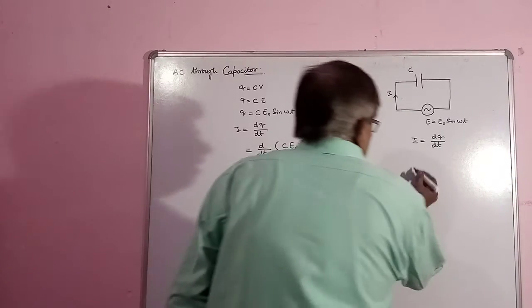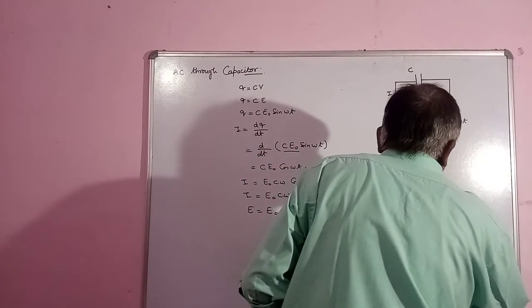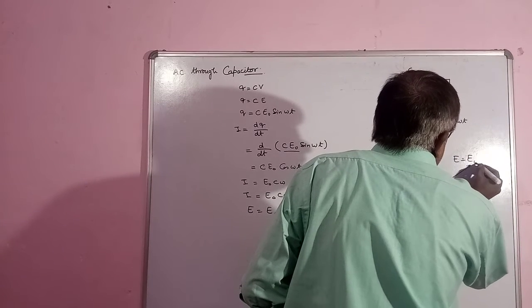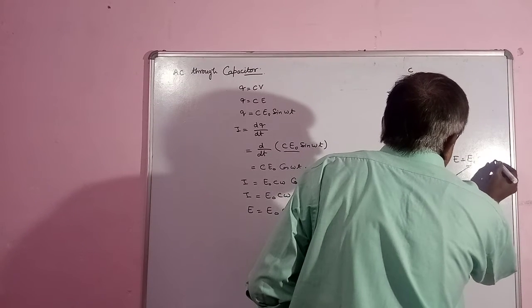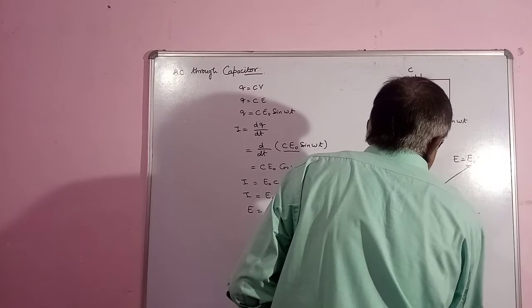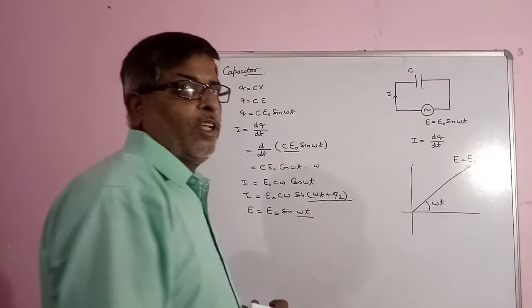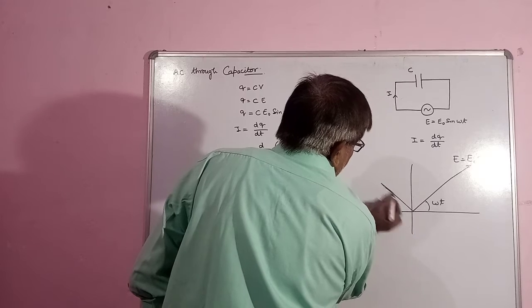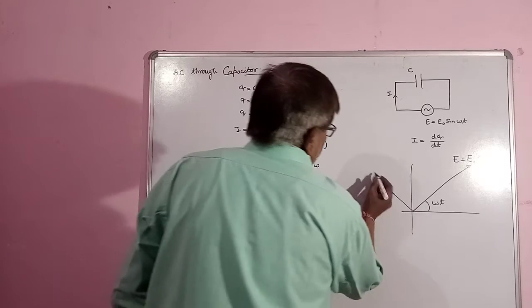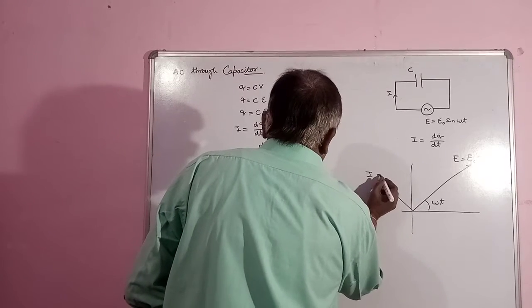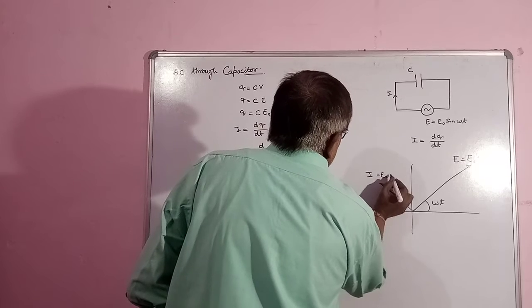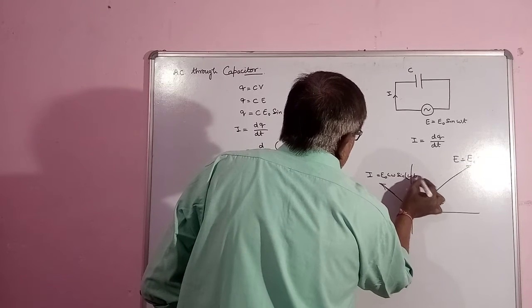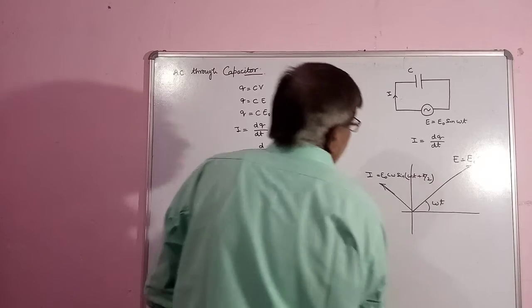Means in the phasor diagram, this is the equation E naught sin omega t, and this is omega t. Then the phasor of current will be I equal to E naught C omega sin of omega t plus pi by 2.